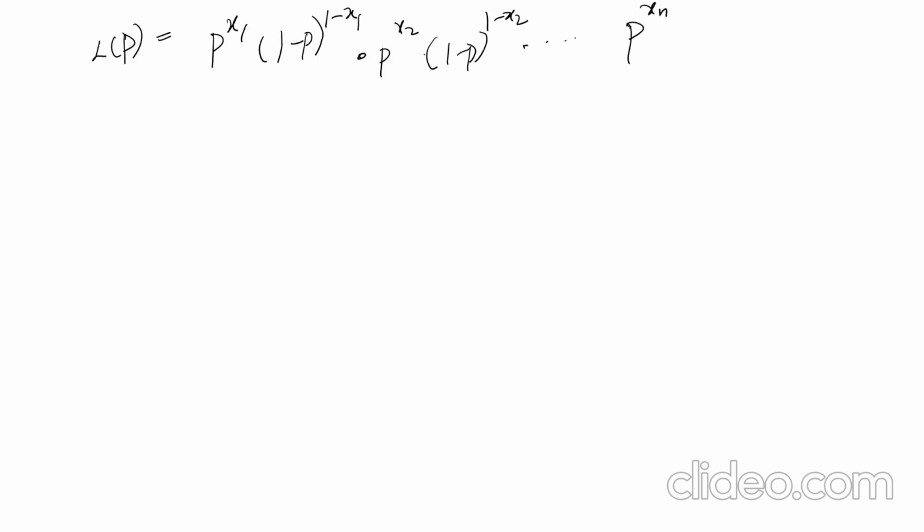We can simplify this as L of p equal to p to the power x1 into 1 minus p to the power 1 minus x1, and so on up to xn.